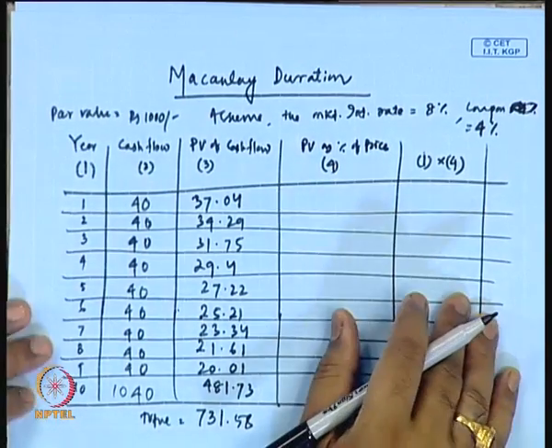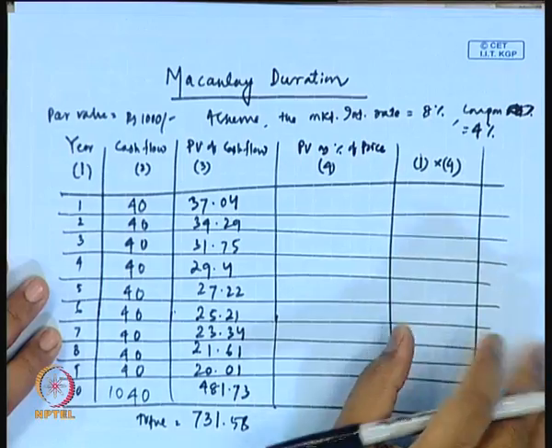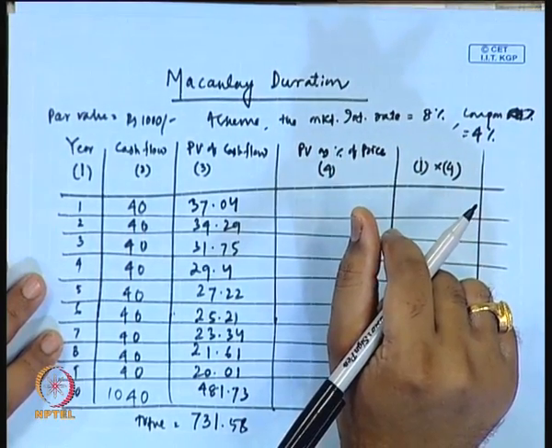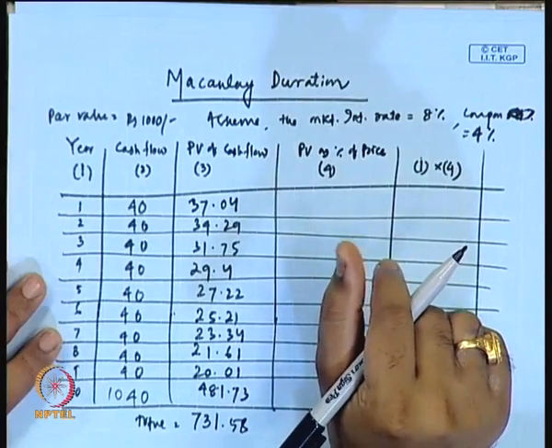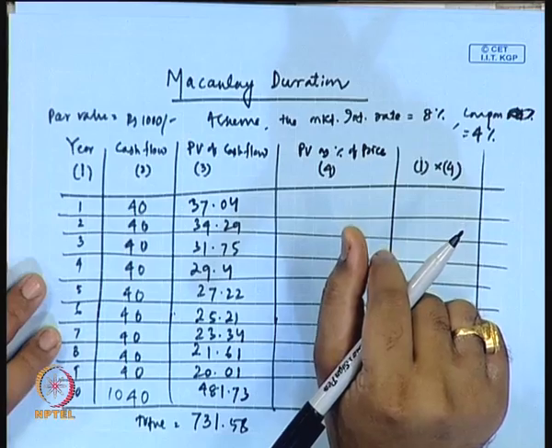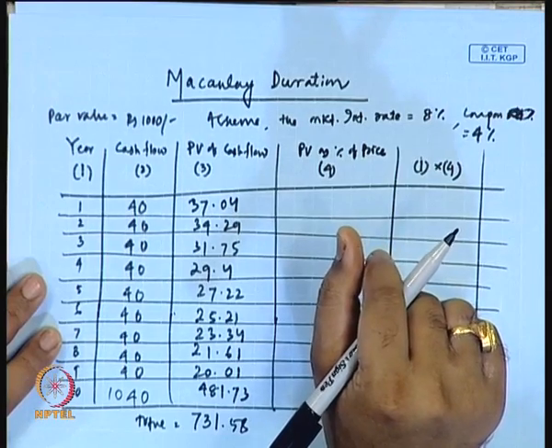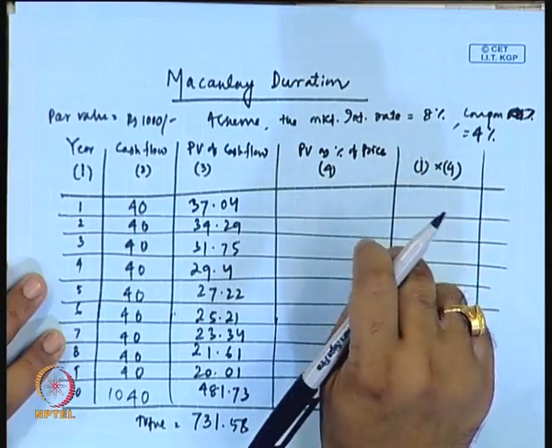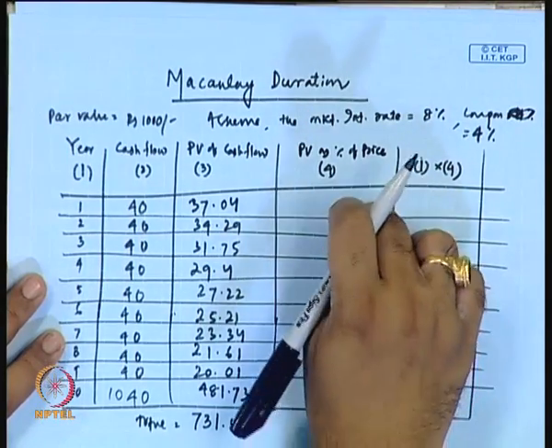That is the total value. Then if you calculate the present value as a percentage of the price, how can you calculate this? What is the percentage of the price? We have to calculate this percentage of the total cash flow.